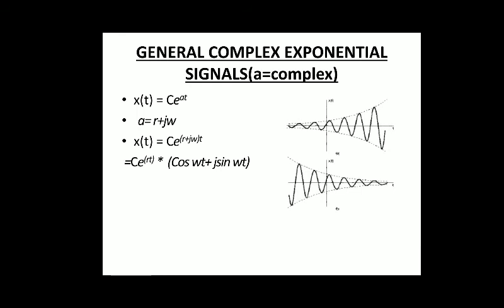And on the bottom picture, we have a sinusoid whose amplitude is decreasing exponentially. So in both these pictures there are two envelopes or exponential signals. On the top one we have an exponential which is increasing, and on the bottom one we have an exponential function which is decreasing.